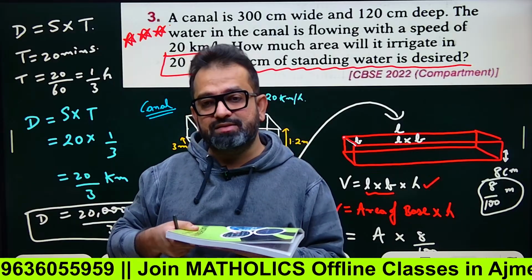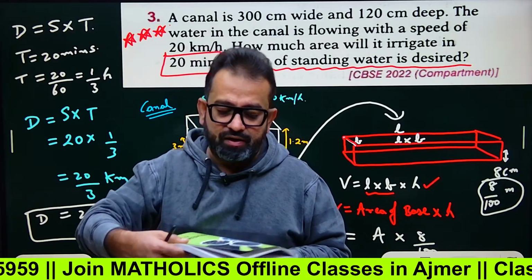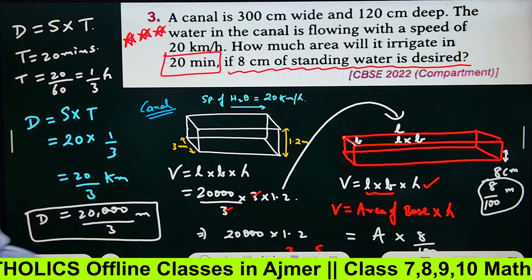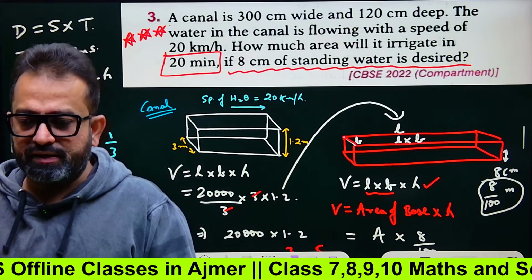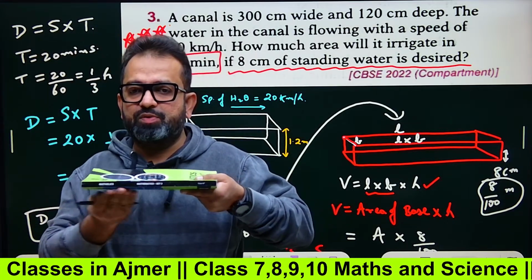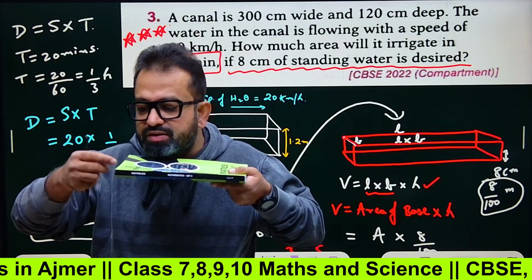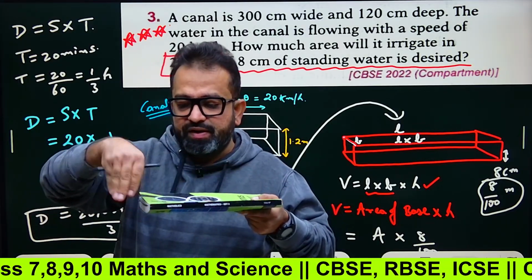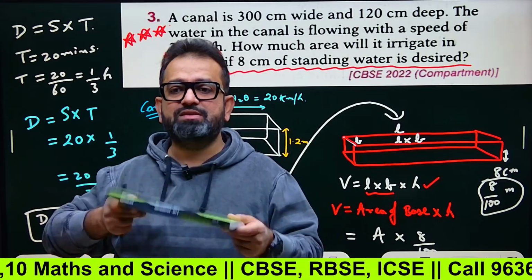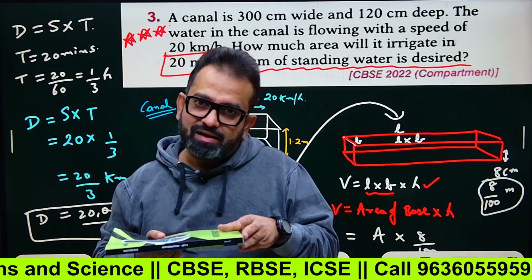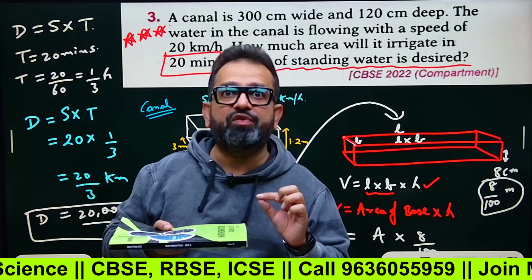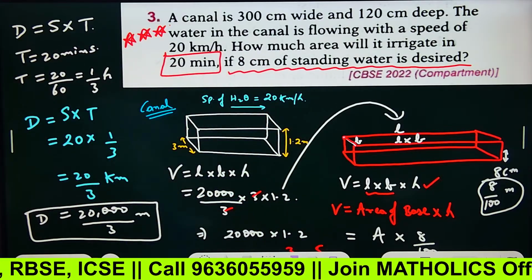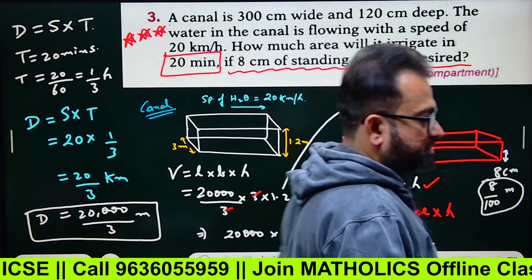Imagine that this is a land and it is water filled above this land. So the land with the water filled above it will form a cuboid. Yes or no? I think you all must have understood this.